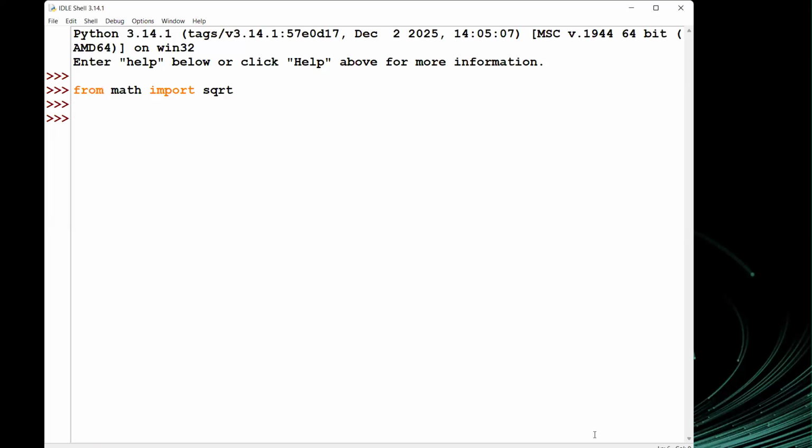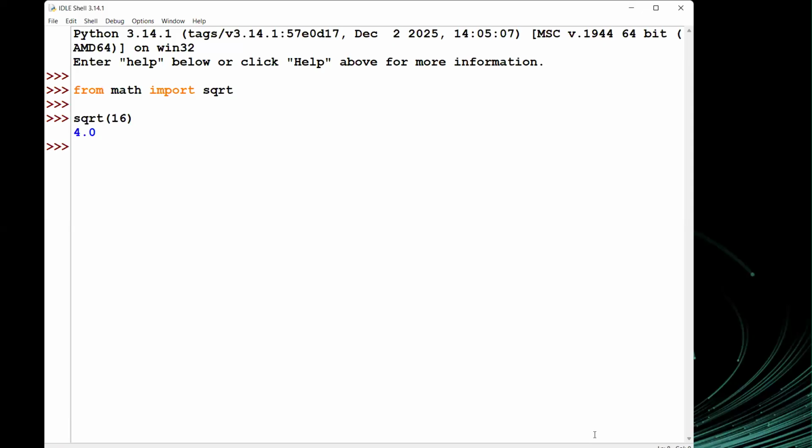I can now go on and use this square root method. What is the square root of 16? It will give me the square root right away, 4.0.